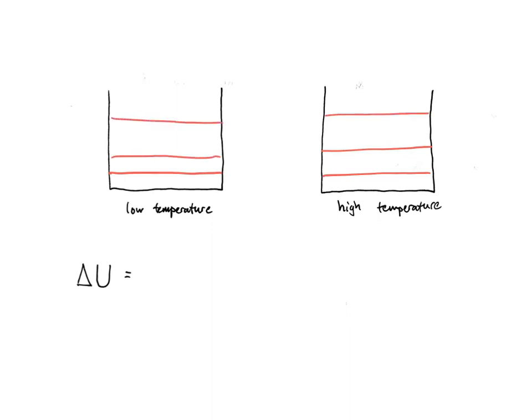If I've got a cold system, say I've still got those 5 at the lowest level, and then I've got 3, and then I've got 2, and then up here somewhere I've got the 1. Then over here, when I increase the temperature, this corresponds to a change in heat.